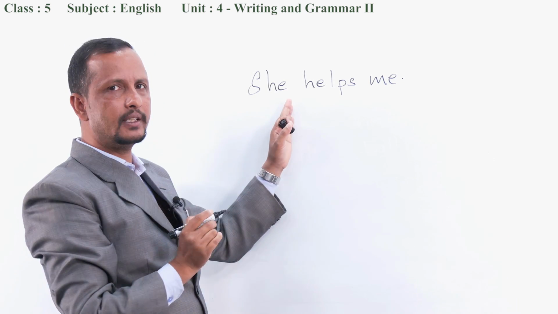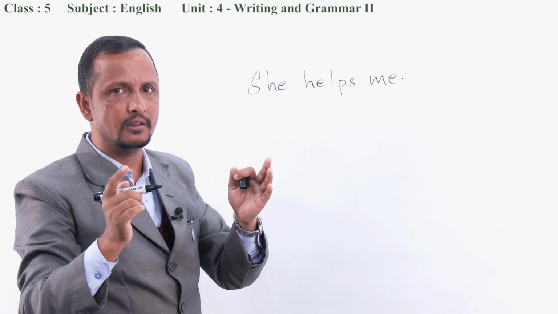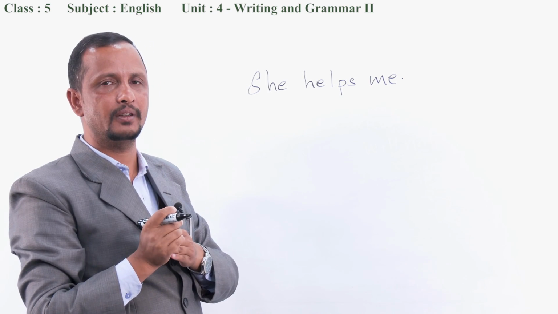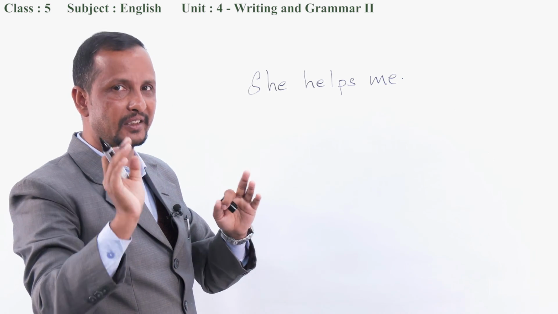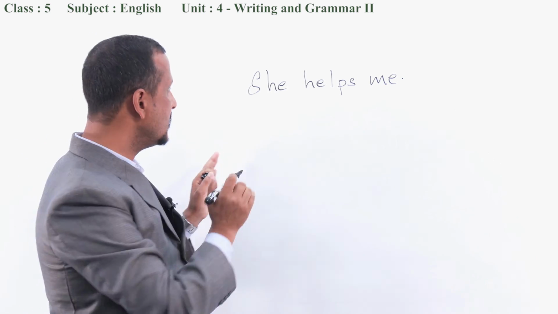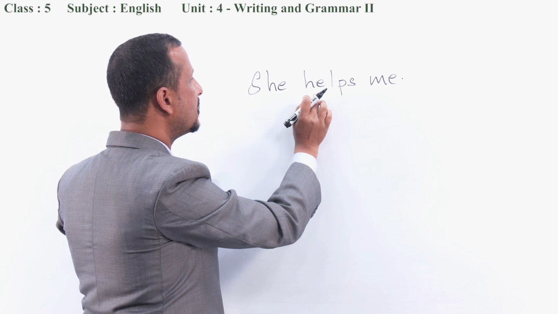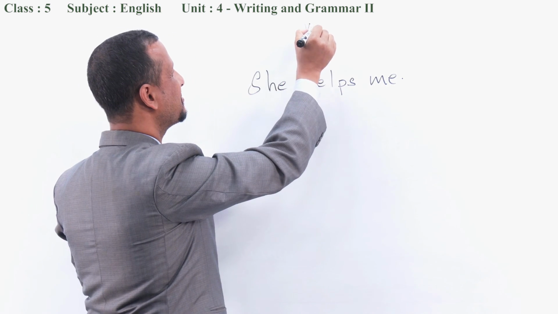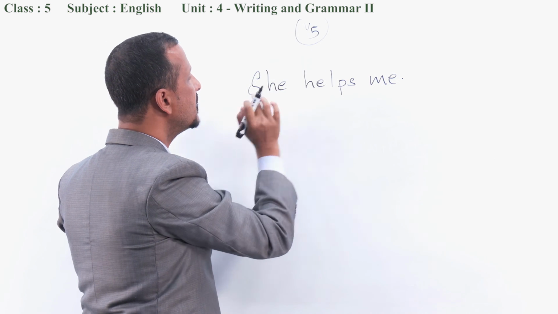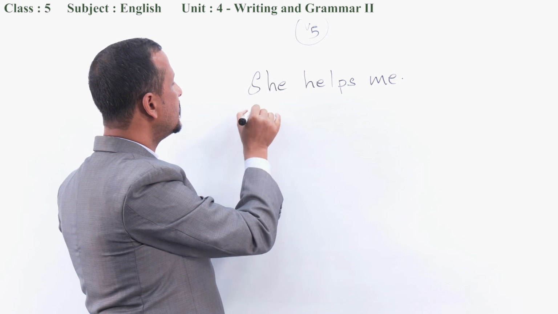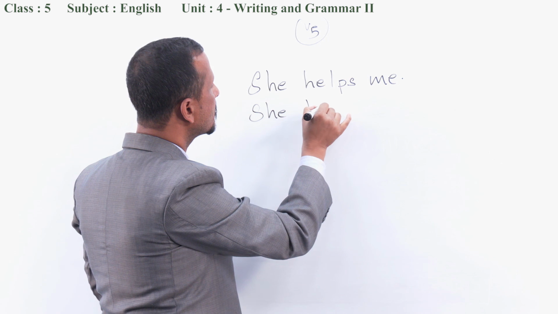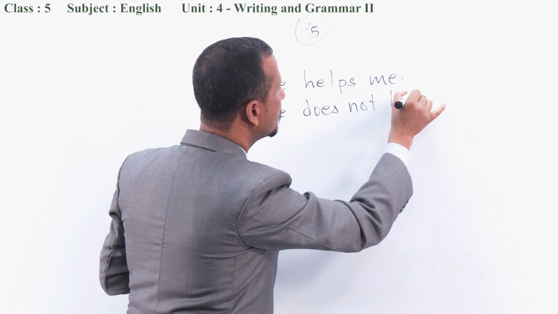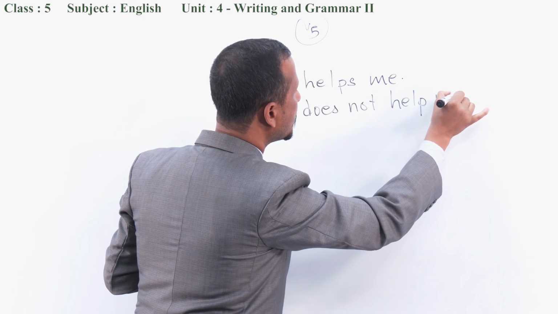Now let's see, is there "is", "am", "are", "is" there? No. Now how to make it negative? Well, you noticed before, okay? So if your verb is present, that means we call it verb 5, that is the present form. Let's see here: she does not help me.